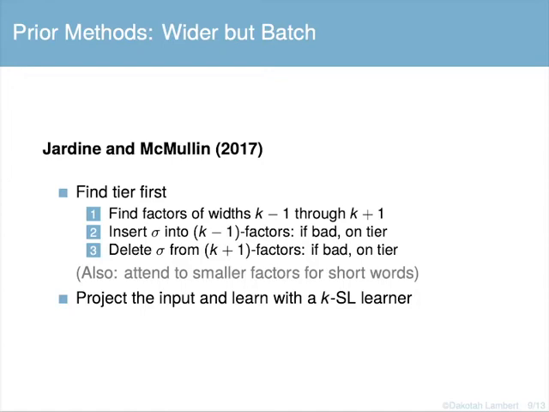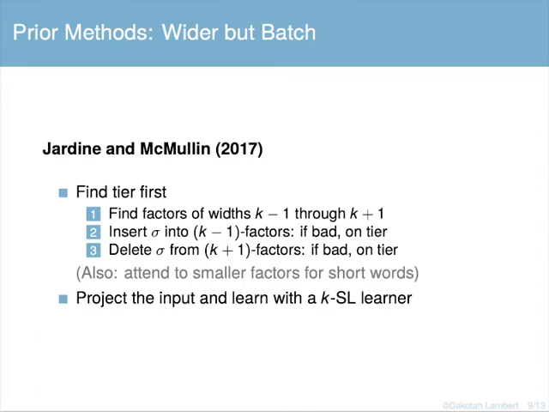Similarly, if deleting sigma from a k+1 factor gives you a k factor that you haven't encountered, it's not freely deletable and should be on the tier. Also, you have to attend to smaller factors to account for the arbitrariness of whether short words are accepted.